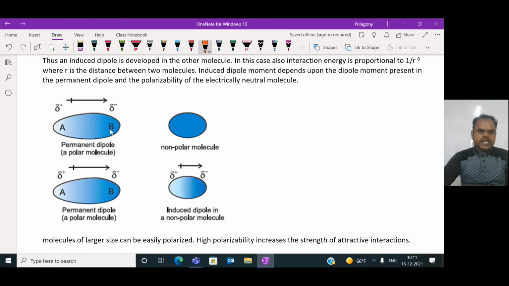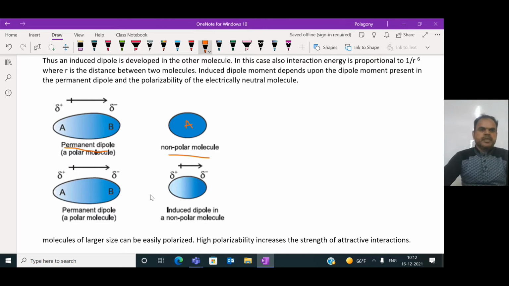Take AB as a molecule, for example, which has a permanent dipole, and A is a molecule that is not having any dipole. It is symmetrical, while the other is a distorted one. When you put this non-polar molecule among the polar molecules, the non-polar molecule is automatically polarized. This is called induced dipole.